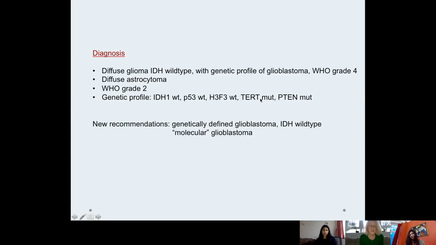But because of the presence of these mutations, in particular the TERT mutation, the final integrated diagnosis here was of a diffuse glioma, IDH wild type. This was confirmed with sequencing, but with a genetic profile of glioblastoma, so WHO grade 4.